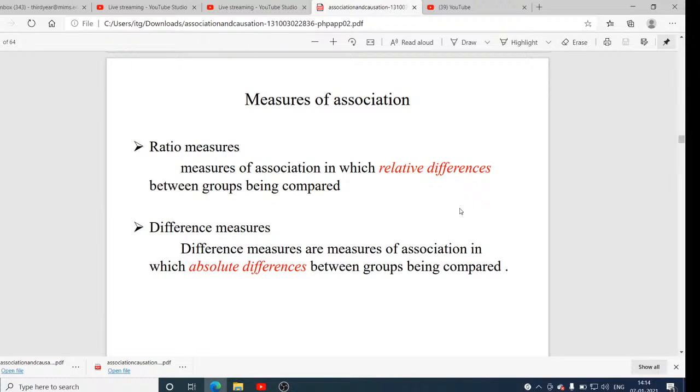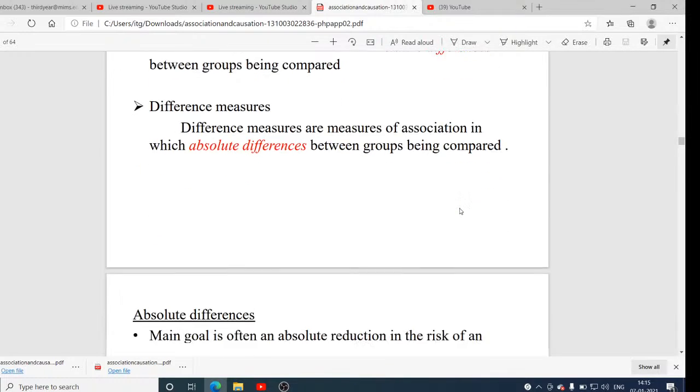Difference measures. Difference measures are measures of association in which absolute differences between groups are being compared.